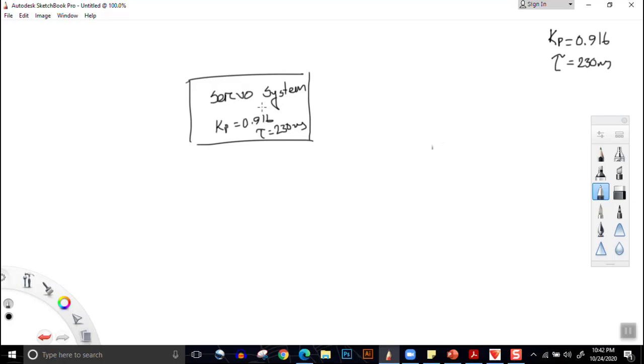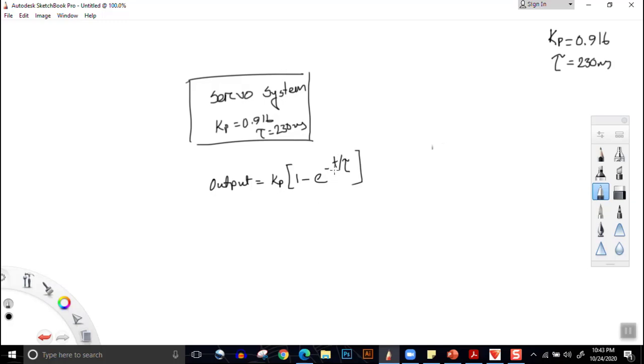How can it be defined? It can be defined by the formula: output is equal to Kp into 1 minus e to the power minus t by tau. By this formula, you can actually determine the output.